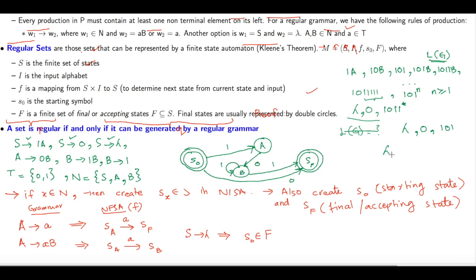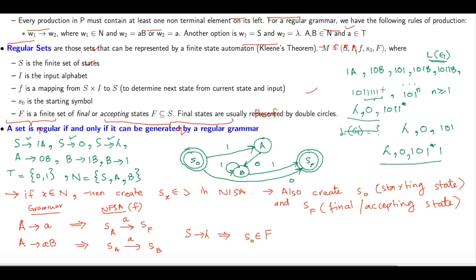So I should say 1, 0, 1 star and 1. Because we already saw in the proof of Kleene's theorem that if we remove this state, this self loop will lead to 1 star here. So we'll have 0, 1 star and 1.